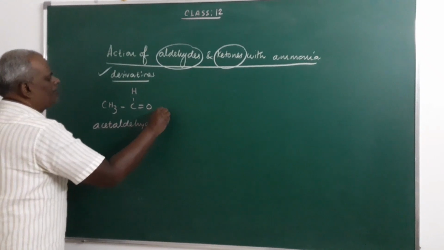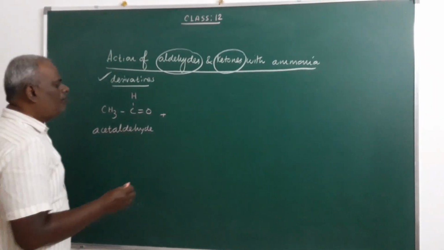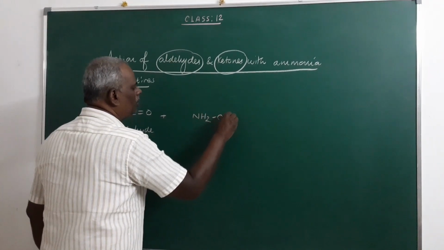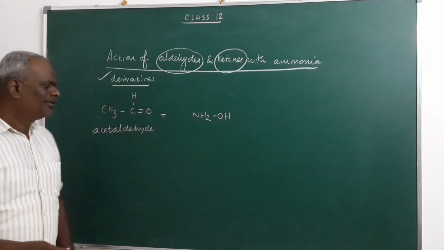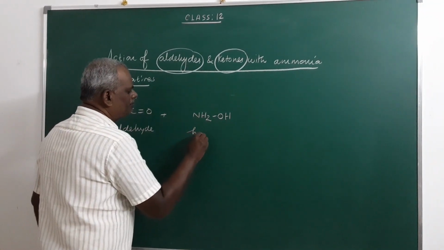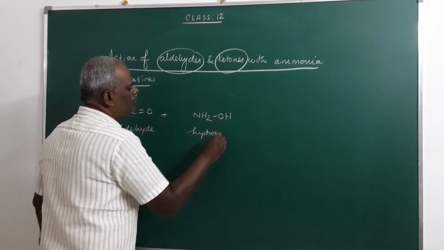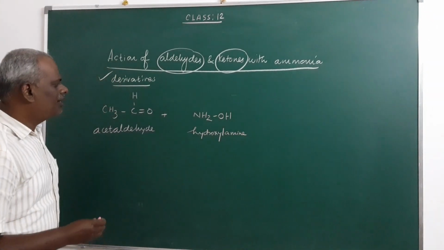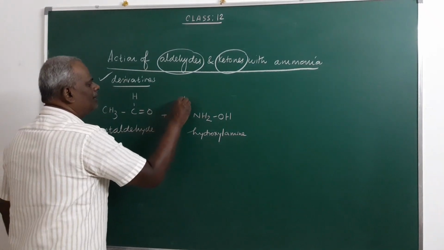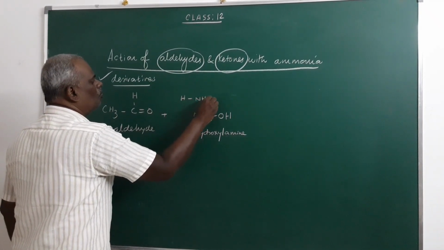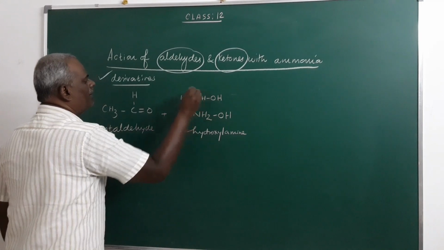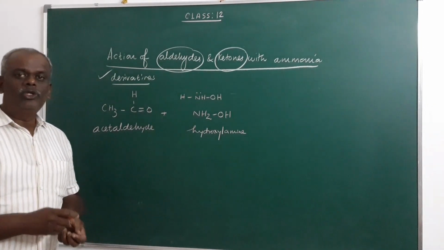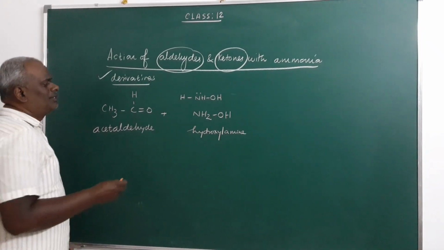When this reacts with the ammonia derivative hydroxylamine, for convenience I can write it as HNHOH, where the nitrogen contains the lone pair of electrons. The usual steps are known to us.